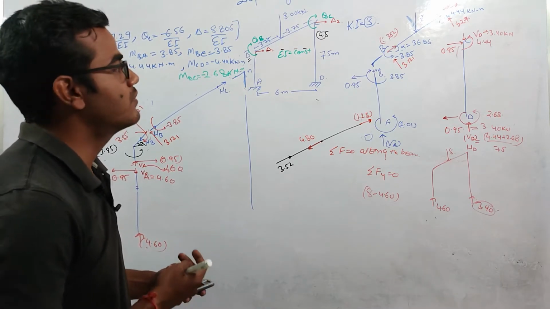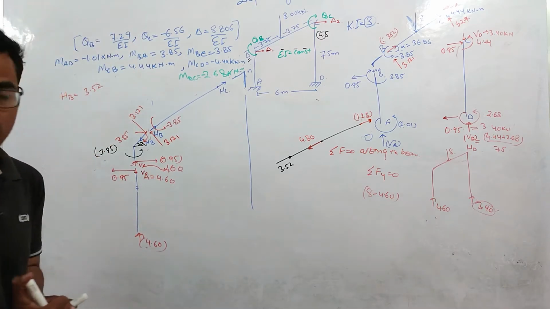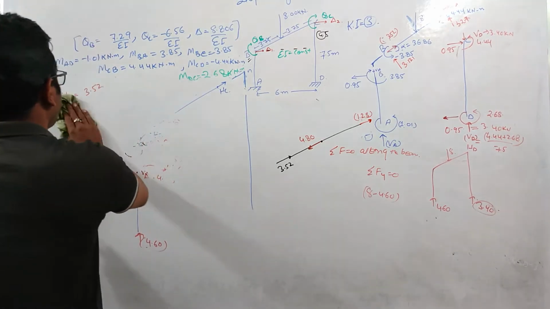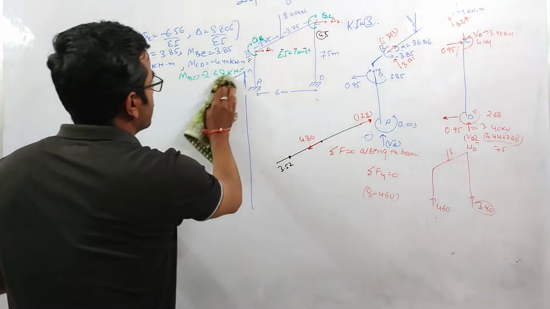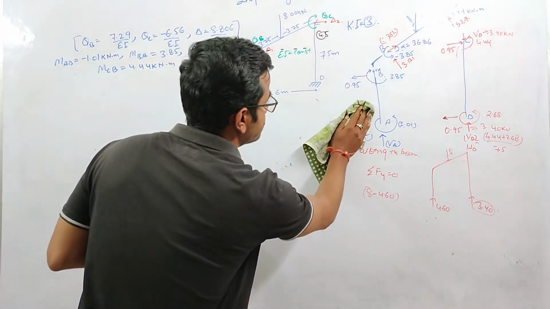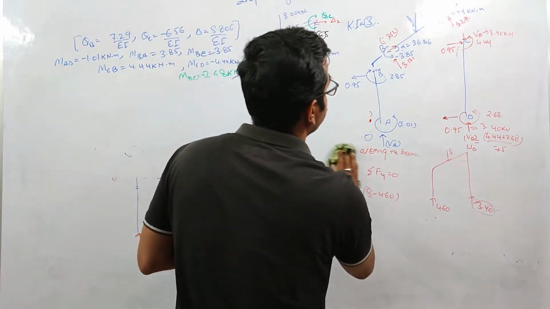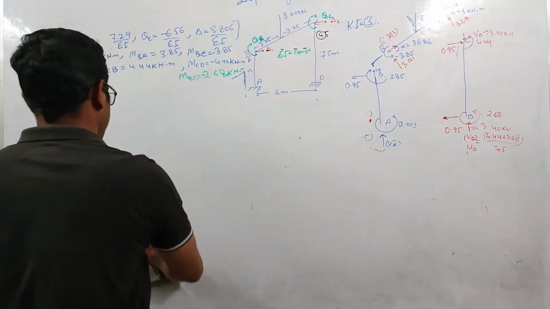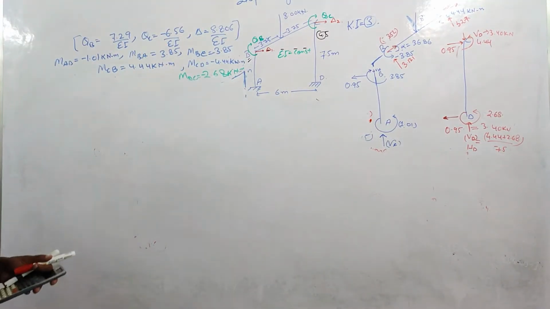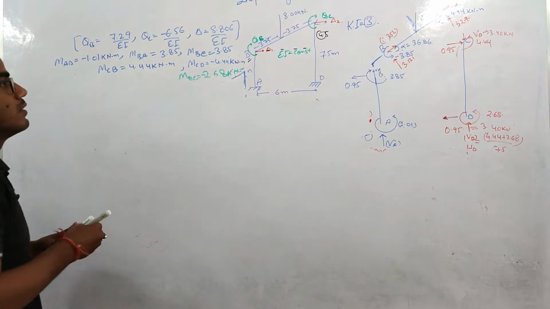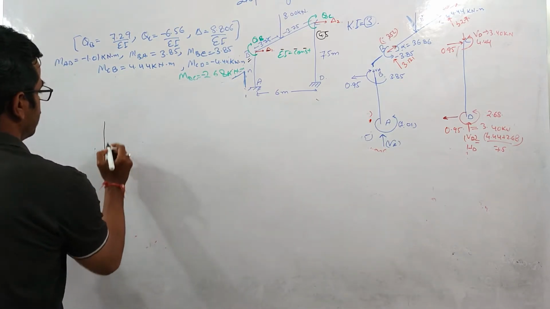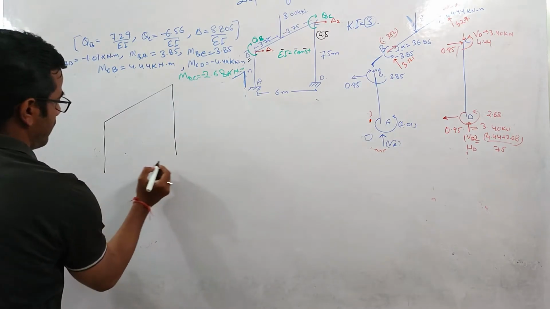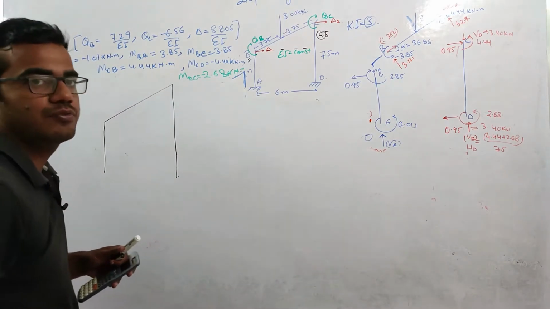Now we'll draw the axial force diagram for this beam. Then we'll draw the shear force and bending moment diagram. So let us first draw the axial force diagram of this beam.